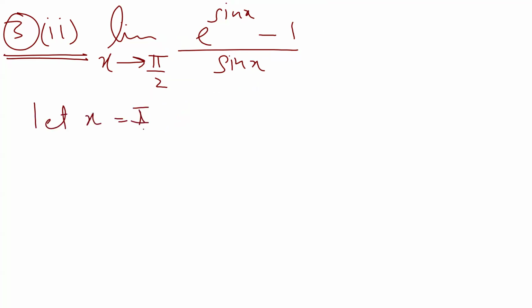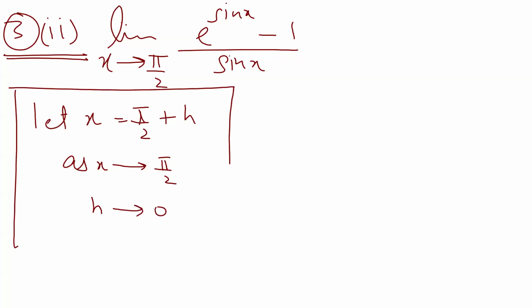Let x is equal to pi by 2 plus h. As x approaches pi by 2, h will approach 0.